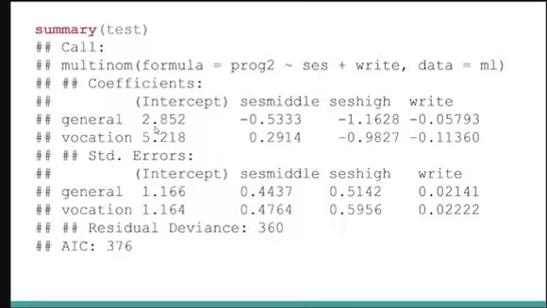Don't forget, this time we referenced academic. The other output is going to be the standard errors. So we have two different outputs: the first based on the coefficients, and the second based on the standard errors. Take a look at that.